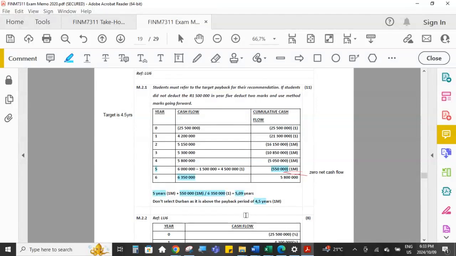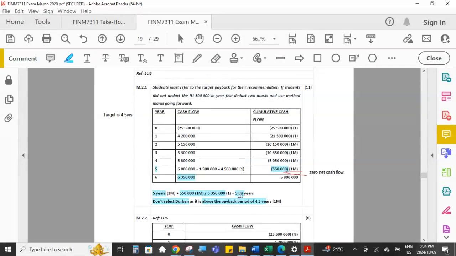We consider the risk too great and we won't take that project on. This is according to the payback method. They said calculate the payback period, so here we've calculated it, 5.09 years. They said make a decision, so we are saying don't select Durban. The reason is that the payback period for Durban is greater than our target of 4.5 years.